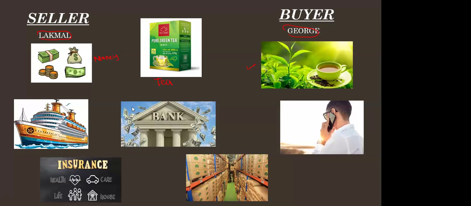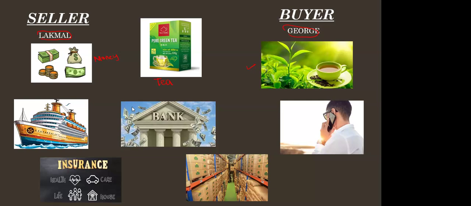So commerce means you are making the final product reach the final consumer through the help of trade and auxiliary services. That is simply what commerce means. In the commerce sector, you are combining two main pillars: trade and auxiliary services.